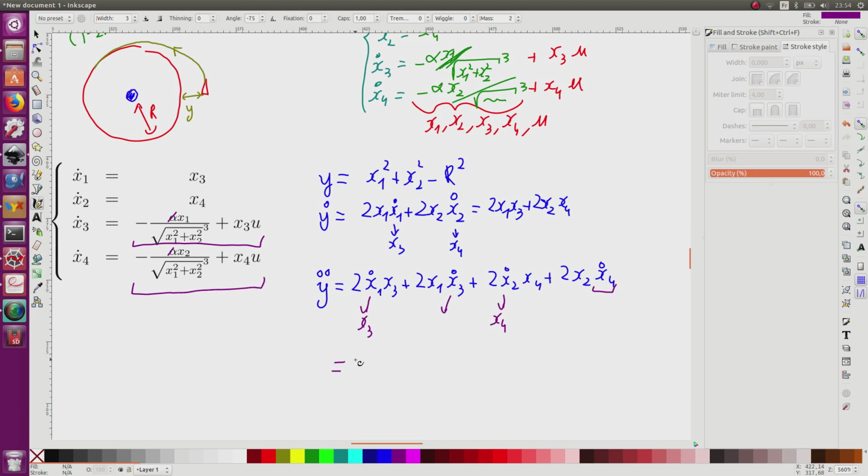So if I compute this, I will obtain 2x3 square due to this plus 2x4 square due to this.